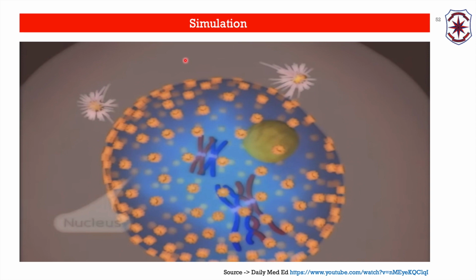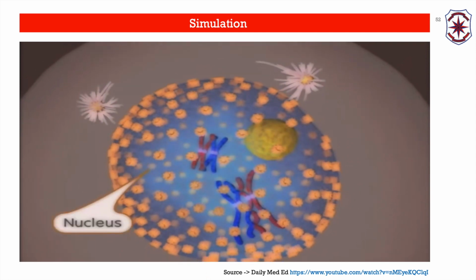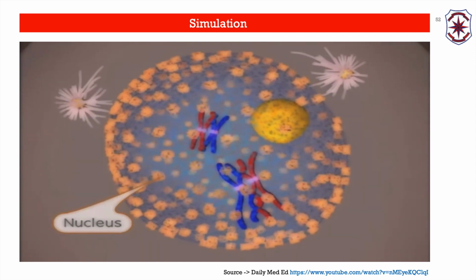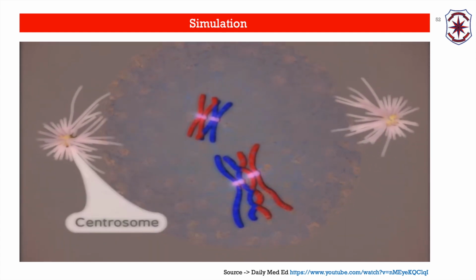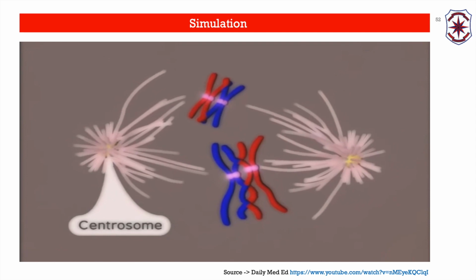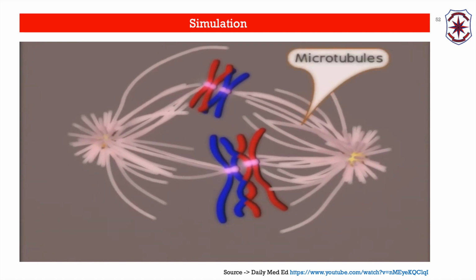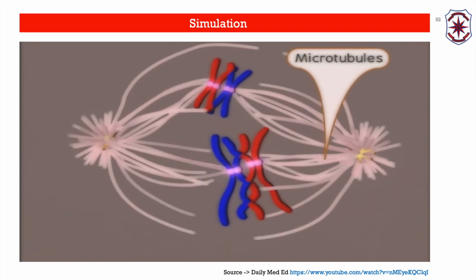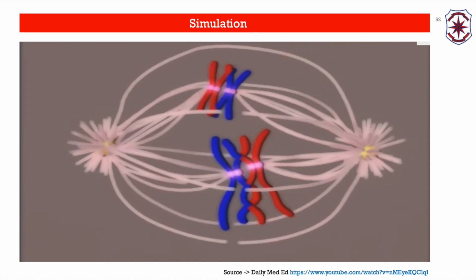The centrosome has split and the centrioles are moving to the opposite poles of the cell, and then the nuclear membrane has disappeared. So this is the beginning of metaphase 1.